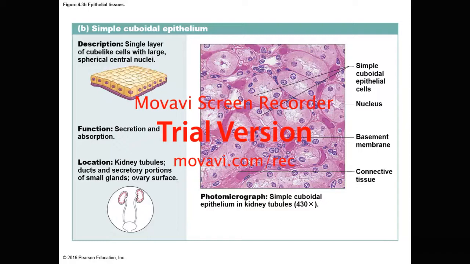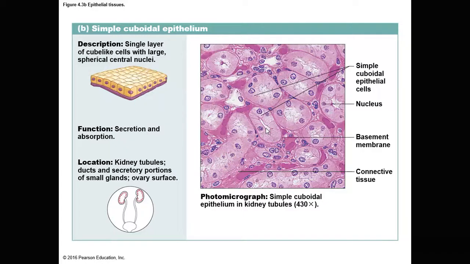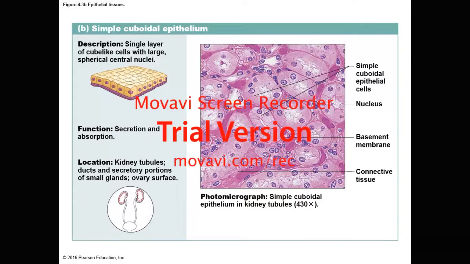A lot of students ask, what's that opening in the middle? Remember, these cells take part in secretion and absorption. So that's where the cell is going to secrete, or where absorption is going to take place.